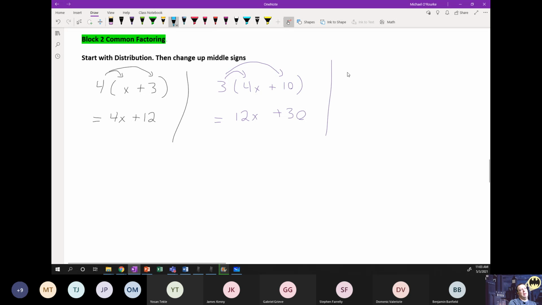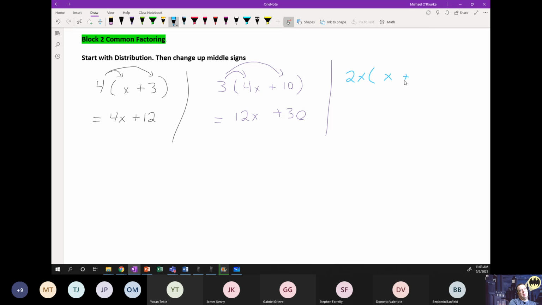Now, how about this one? What if I did this? I'll change it. All right, I'll leave that there since it doesn't want to go away.